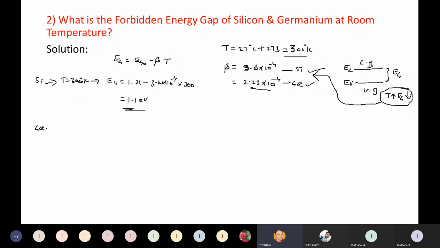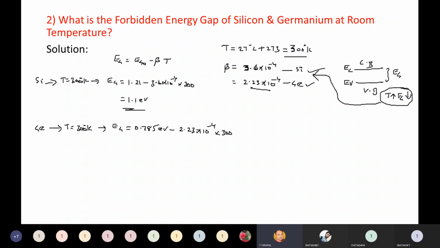Then for germanium at T is equal to 300 degree Kelvin, Eg naught is 0.785 electron volts, which is at 0 degree Kelvin, and beta is 2.23 into 10 power minus 4, the change factor, into 300.